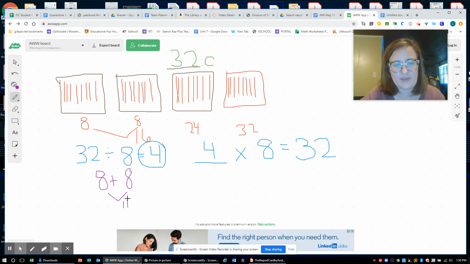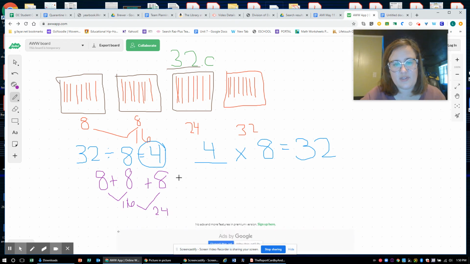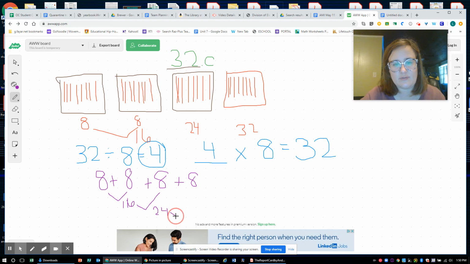Oop, I'm running out of room. Plus another group of 8 is 16 plus 8 is 24. Plus another group of 8. 24 plus 8 was 32. How many 8s did I have? 1, 2, 3, 4.